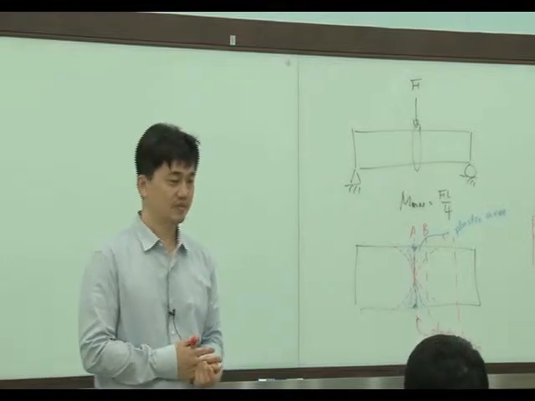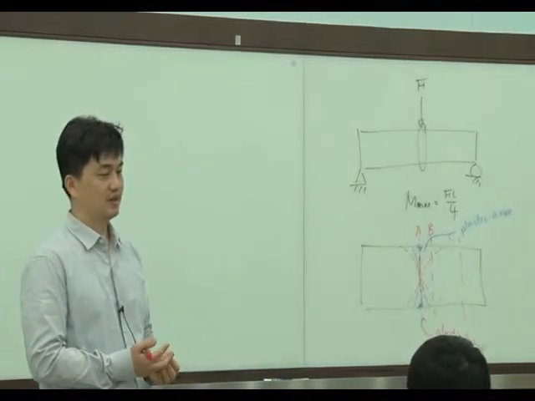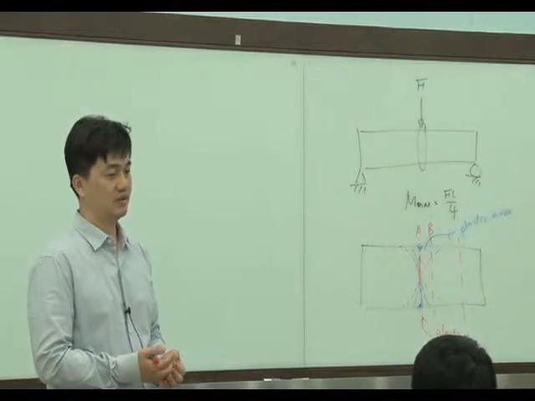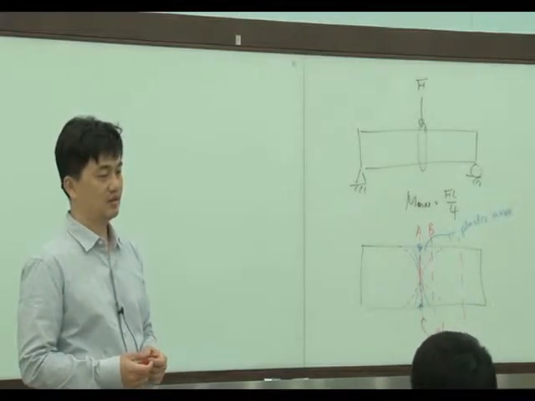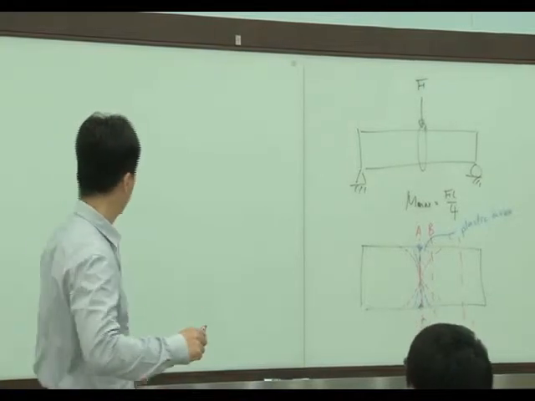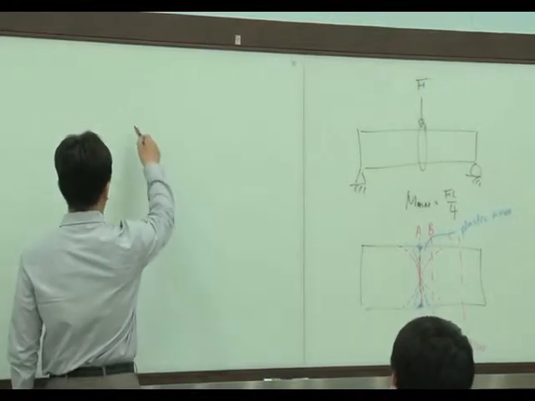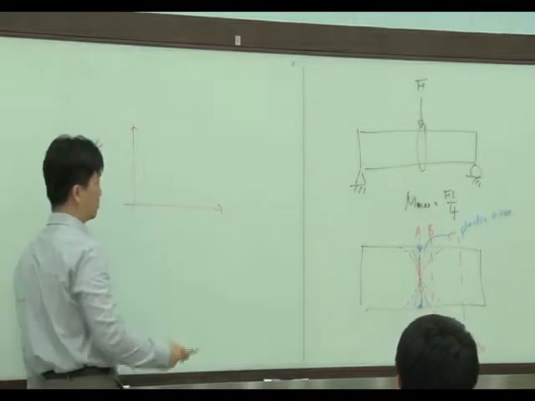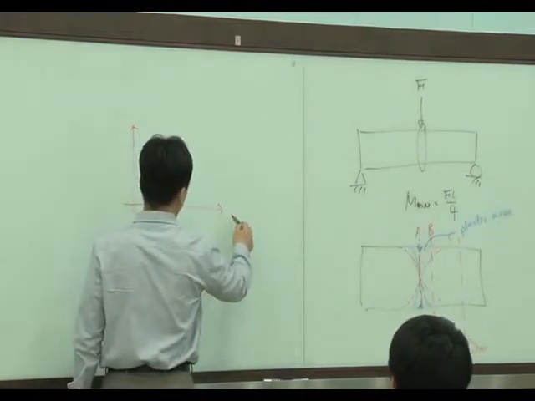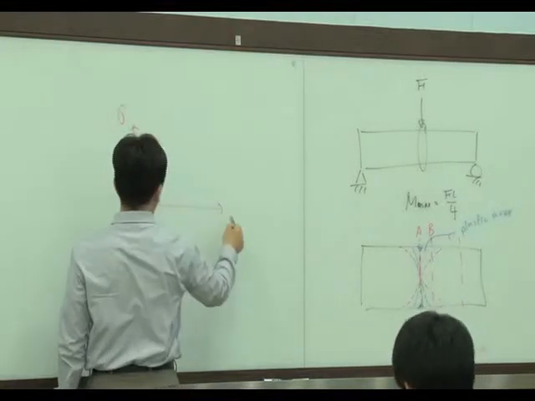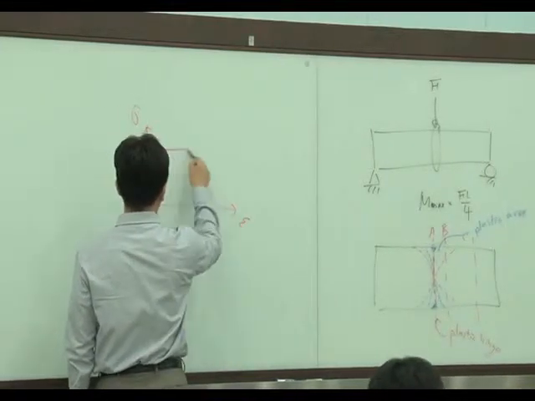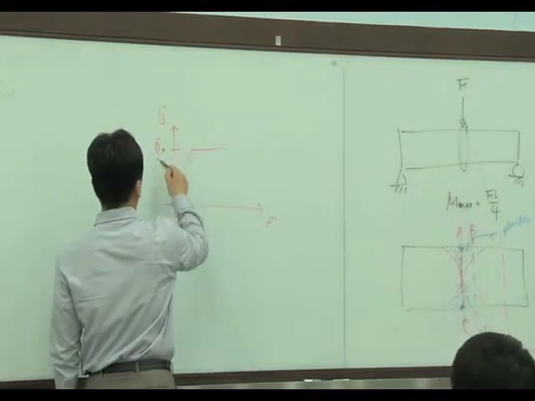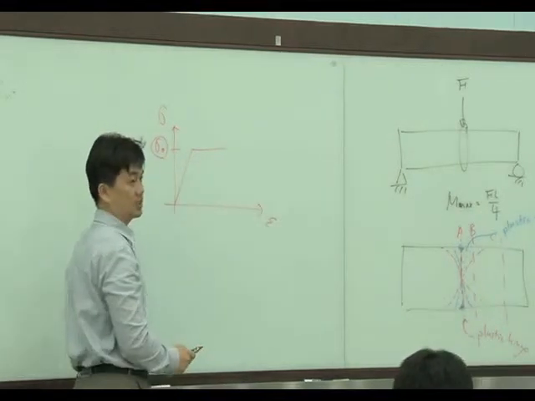Structural failure means it can't resist the load. Okay, so another understanding is this. Material failure is defined in the space of stress and strain, when the stress reaches the strength.